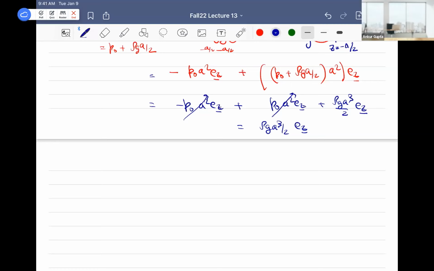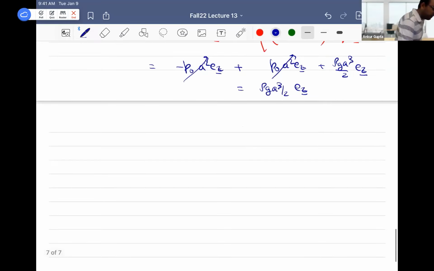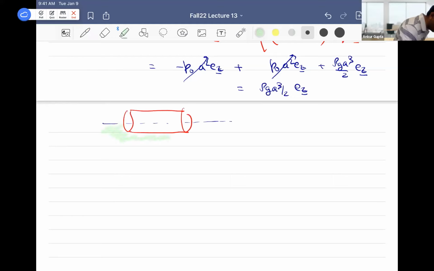Any other questions? All right, just to tell you what the supplementary video does: the supplementary video goes through this problem, where there is a cylindrical block presented like this. This is your supplementary video, and your homework is essentially this.